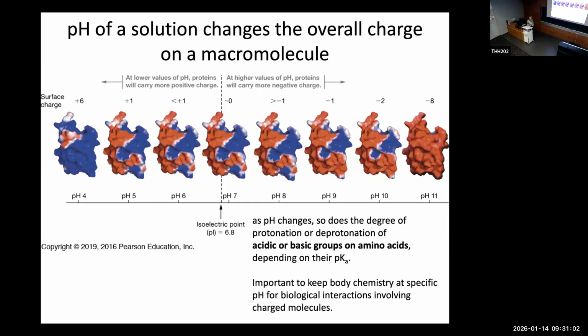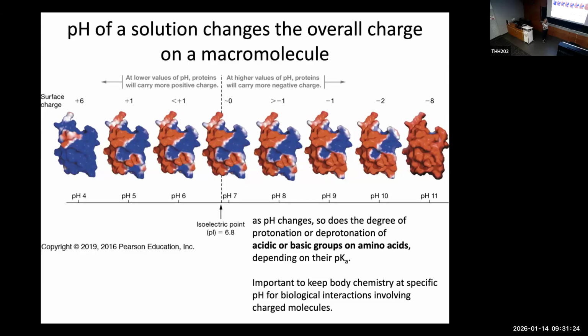So if you're adding base, yeah, whatever acidic groups are in the protein are going to donate protons to the base that the solution is in. So in this solution that's becoming pH 11, any amino acids that can donate protons are donating them to the base.